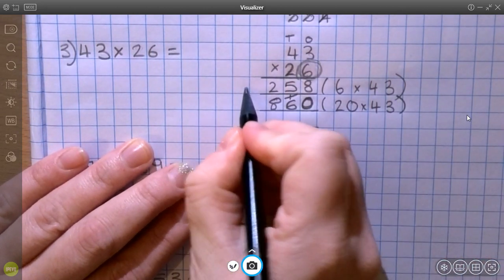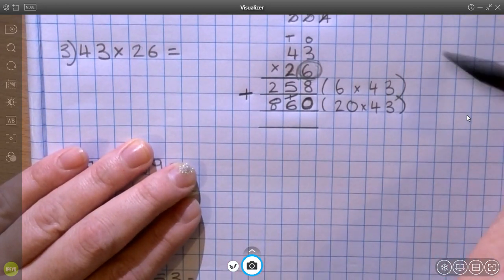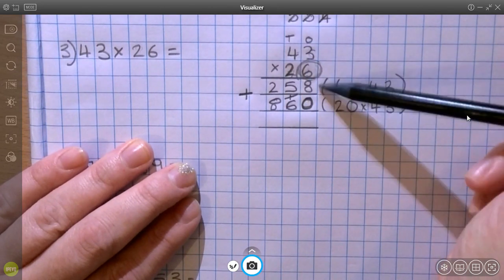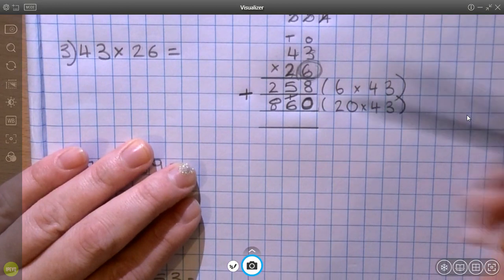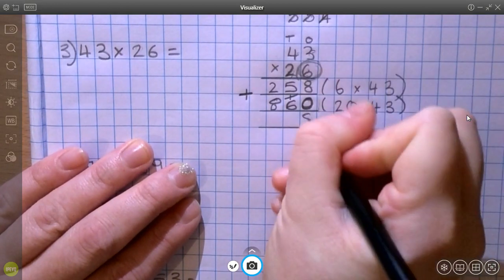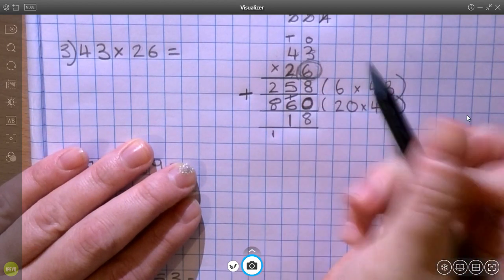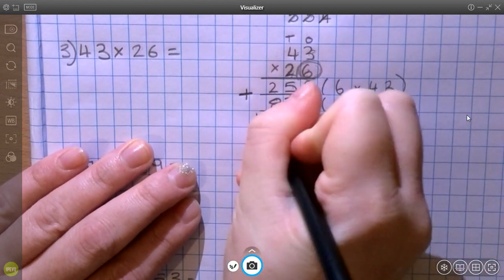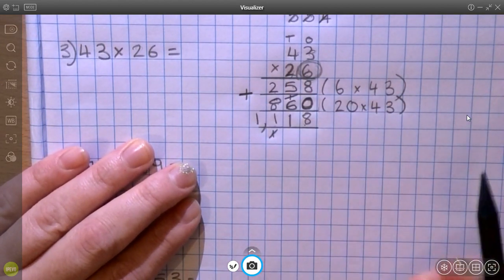And now what I have to do is add these two answers together, because I've basically partitioned it: 6 times 43 and 20 times 43, and I need to add them together to get what 26 times 43 is. So 8 add 0 is 8, 5 add 6 is 11, and 2 add 8 is 10, plus the 1 is 11. So my answer is 1118.